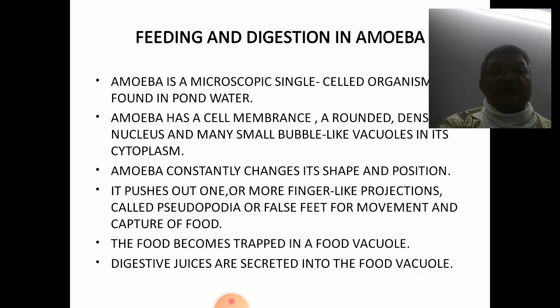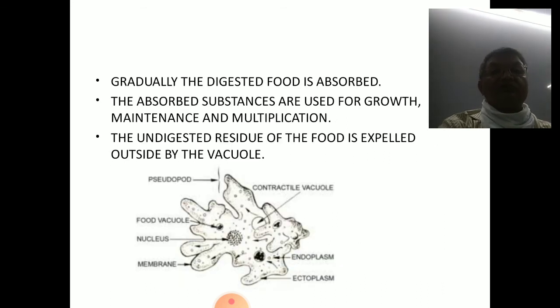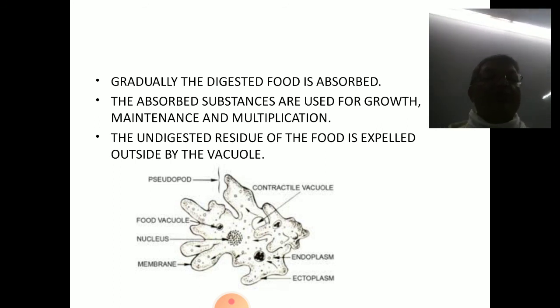With the help of pseudopodia, or you can say false feet, it moves and captures the food, and the food becomes trapped in a food vacuole. The digestive juice secreted in the vacuole digests it and the food is absorbed, and these absorbed substances are used for growth and maintenance, and undigested food, or you can say residue of the food, is removed from the body, that is egestion.